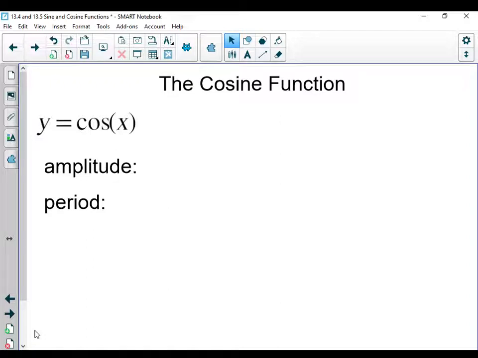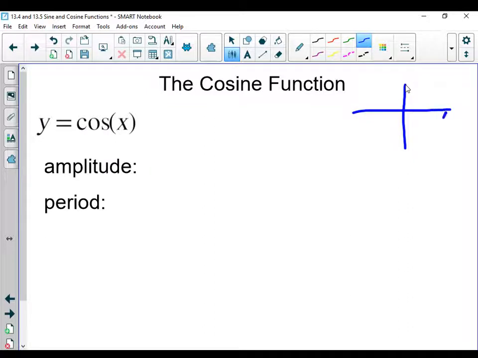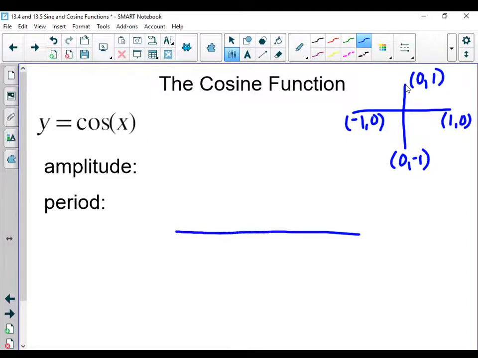All right, let's check out the cosine function. I'm still gonna use that same 0, 1s. And I'm gonna still set up my X and Y axis like I've been doing.